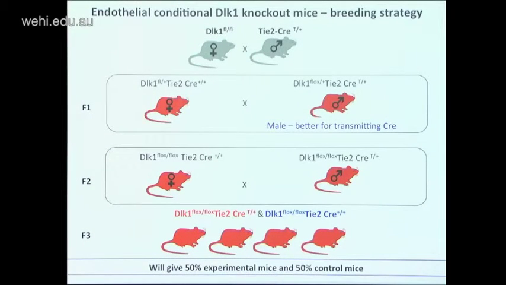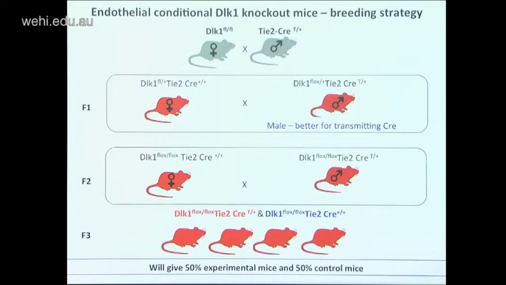To really look at what endothelial conditional Dlk1 knockout does in the postnatal retina, we've created this Tie2-Cre endothelial conditional knockout mice by mating a homozygous flox Dlk1 mouse to a Tie2-Cre transgenic mouse. Tie2 is expressed in all endothelial cells and most of the hematopoietic cells.